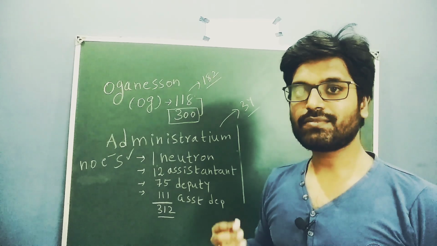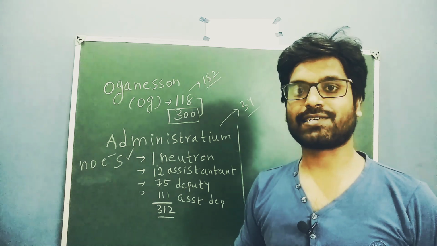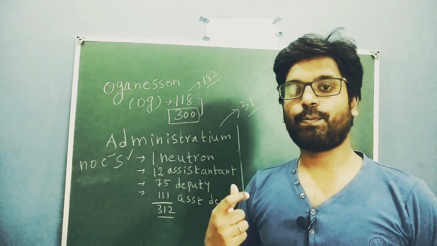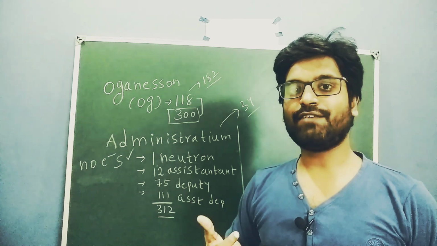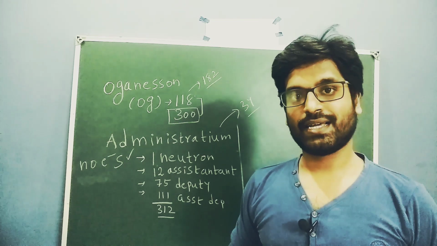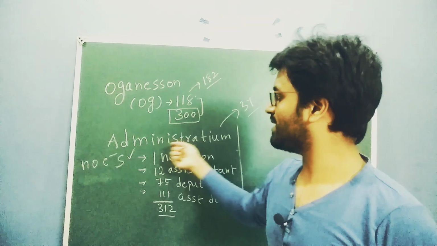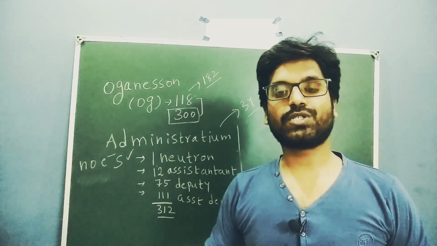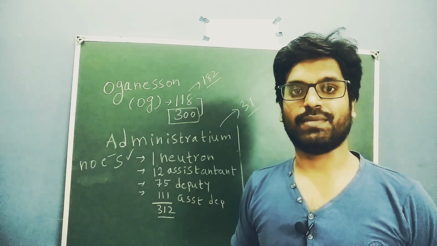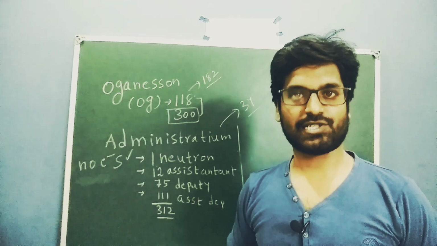Second, generally if you take any reaction, some particular elements can finish their reaction within seconds or within minutes. But when those elements come into contact with this administration, they will take so much time. It will take approximately 4 days to complete that reaction, right?